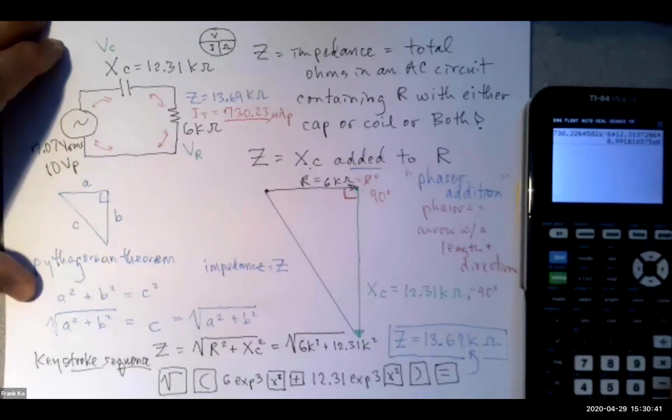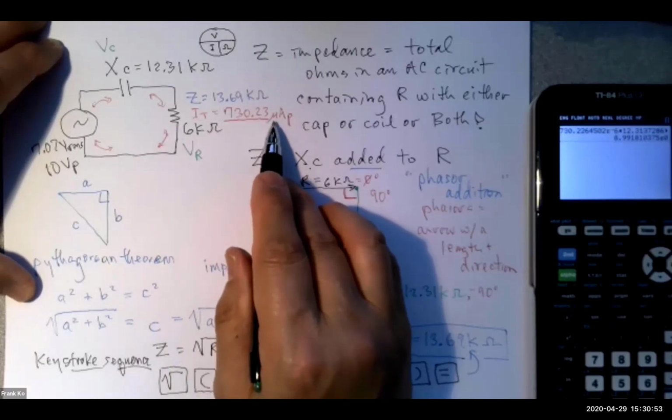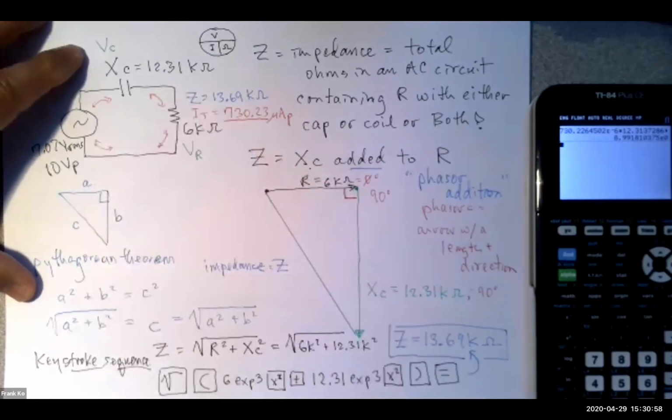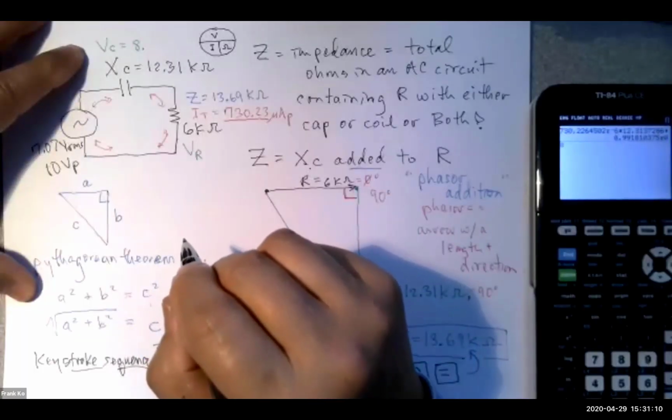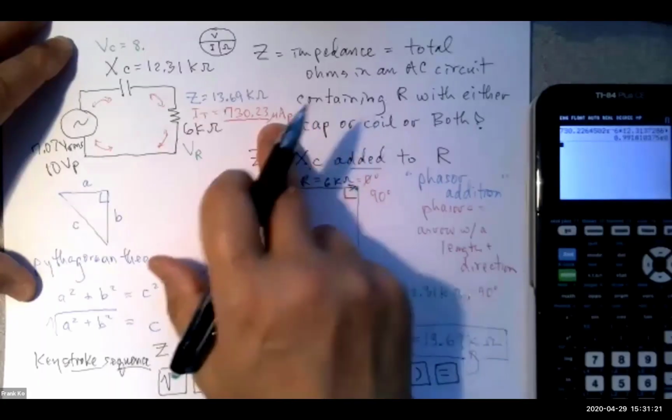And Christian, what is it that you calculate? I haven't done it yet. Sorry, I was grabbing. Okay, it's a lot of pieces. 730.23 microamps, so exponent -6, times the 12.31 exponent 3 will give you this voltage that we're looking for. I got 8.98 kilovolts. Is it kilo? Well, I got a 3 at the end of my exponent unless I typed something wrong. I think you did, because this is micro. Yeah, -6 here, okay, not -3.